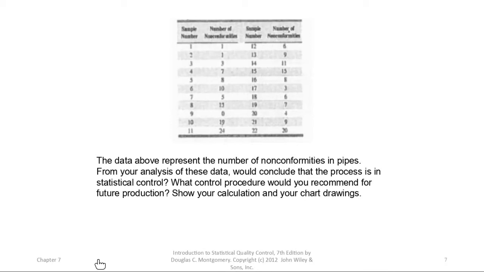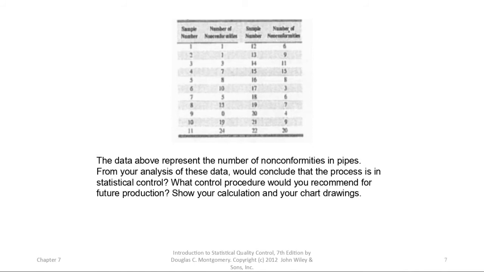We will use the formula for the C chart, and the formula for the C chart, the upper and lower control limits, is C bar plus or minus 3 square root of C bar.